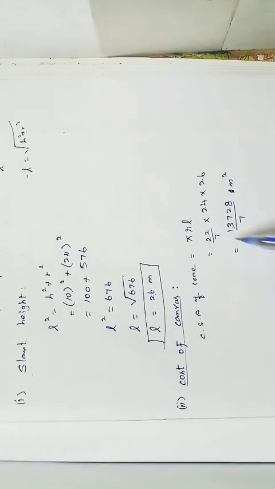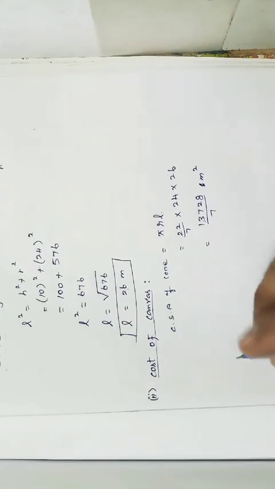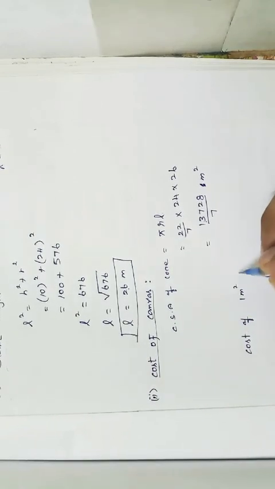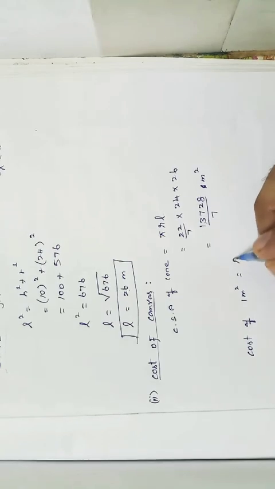Now we got the CSA of a cone, the surface area of a cone. Now we are going to find the cost. Cost of 1 meter square is rupees 70.